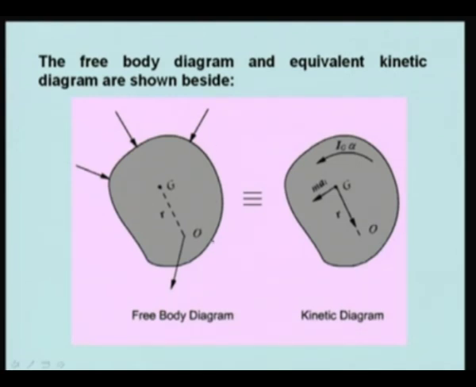The free body diagram shows the externally applied forces, and also the reaction forces passing through O. G is the mass center, and the kinetic diagram is this: mass times tangential acceleration, mass times normal acceleration is here, and then you have Ig times alpha.